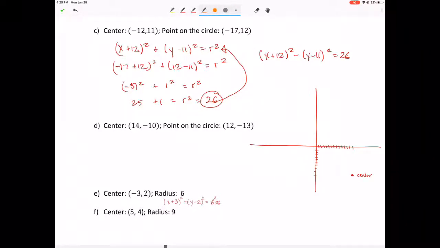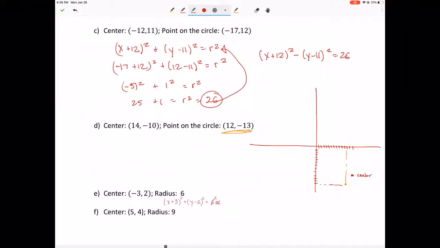And then they give us a point that's on the circle. So that's at 12 and negative 13. So 12 would be like down here, and negative 13, maybe something like this, okay? I know it's just kind of guessing more or less where stuff is.